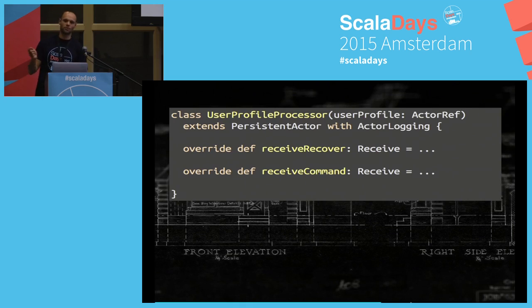When we create a new user profile processor by that system.actorOf, it starts in this empty state, the default state, whatever we initialized at the start. We need to get it to the state that the actor that died was in just before it died. And we do that by replaying all the messages to it. And we handle that replay in receiveRecover. receiveCommand is when things are just running normally. So you send a message to the actor, and off you go. It receives a command and does something.